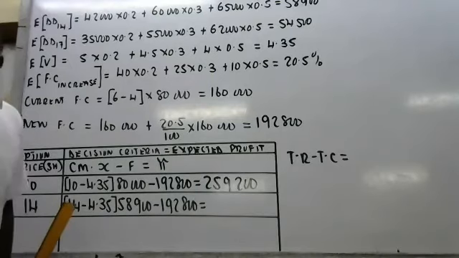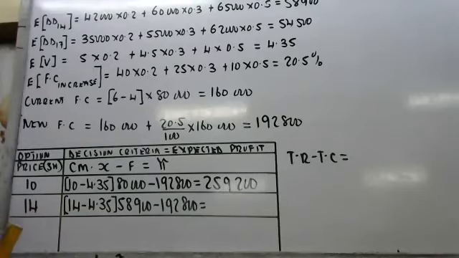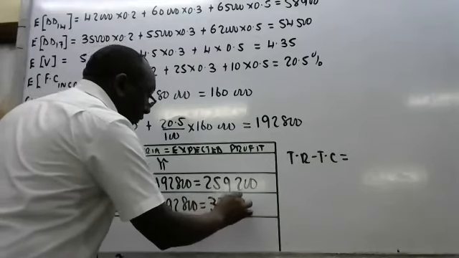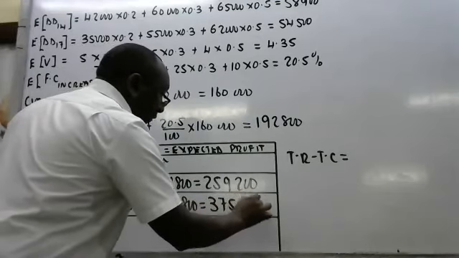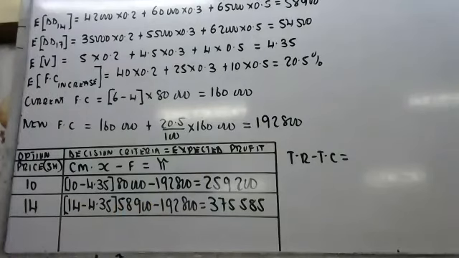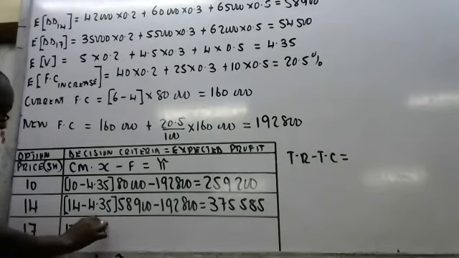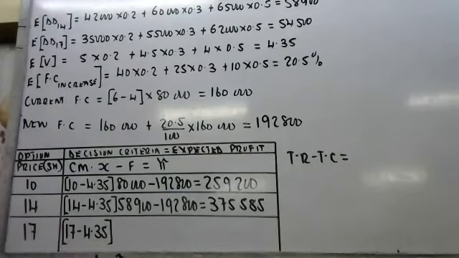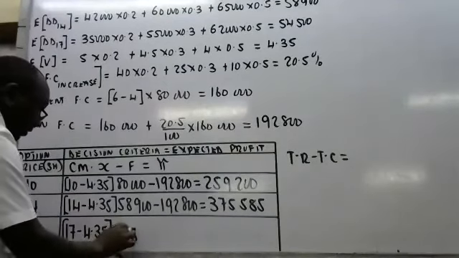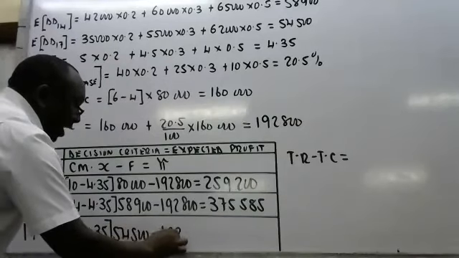At a price of 17, it is going to be 17 minus 4.35, with 54,500 minus 192,800.